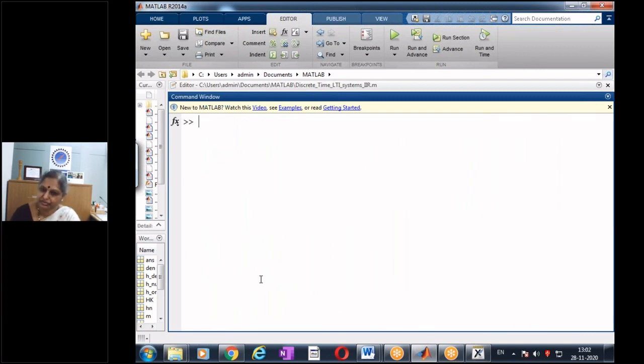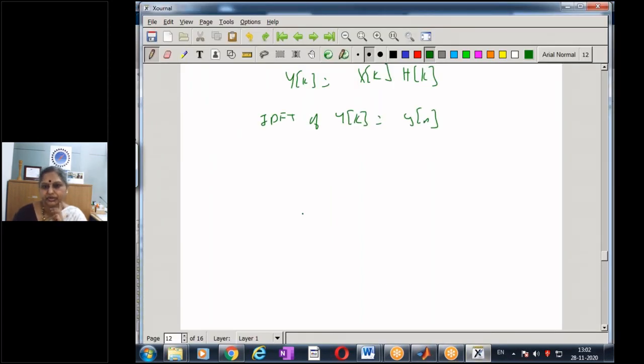So we have seen how to compute the convolution sum by using suitable DFT and IDFT. Of course, MATLAB has an inbuilt command for computing the convolution. I simply write conv of x of n comma h of n, and I get the same result: 2, 8, 20, 32, 34, 24. So this is another method of computing convolution, using the engineering tool MATLAB.